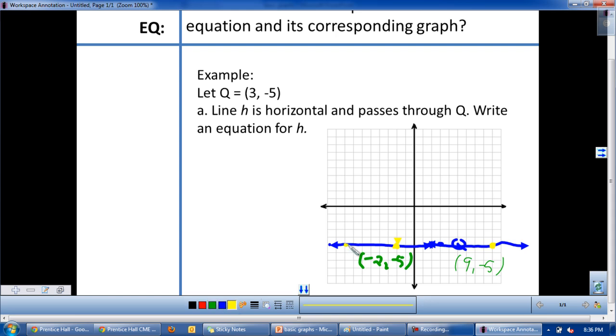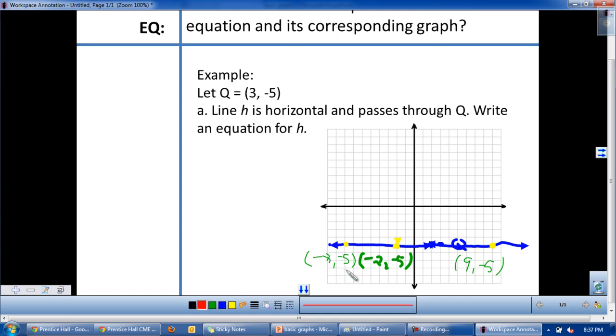We'll put this point right here. So 1, 2, 3, 4, 5, 6, 7, 8. We have negative 8 and negative 5. What do we notice about the coordinates of these 3 points that are on the horizontal line that goes through our point Q? Good.